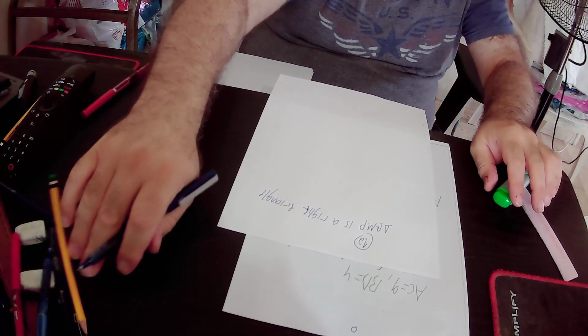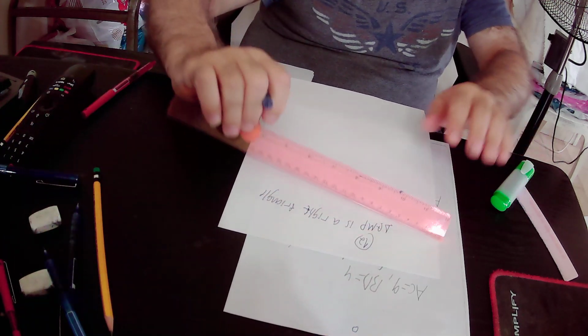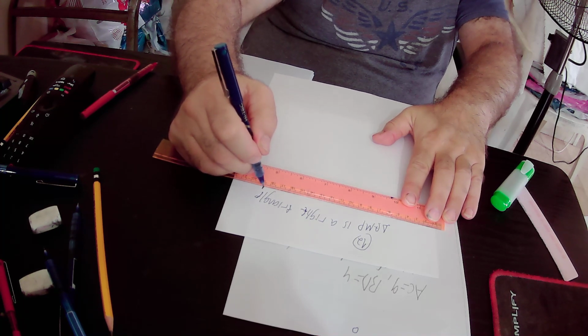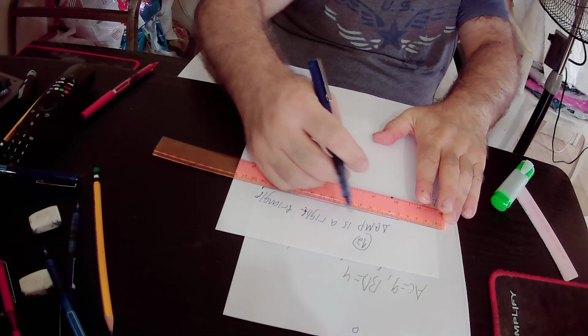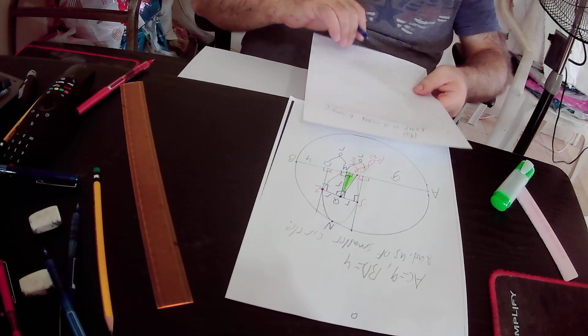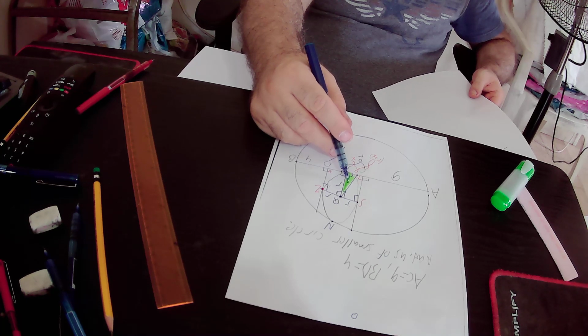Therefore we can implement the Pythagorean theorem in the right triangle QMP. We can implement the Pythagorean theorem in this right green triangle.